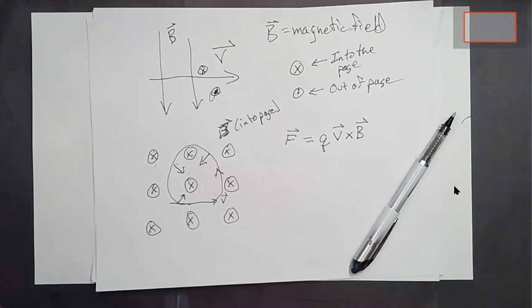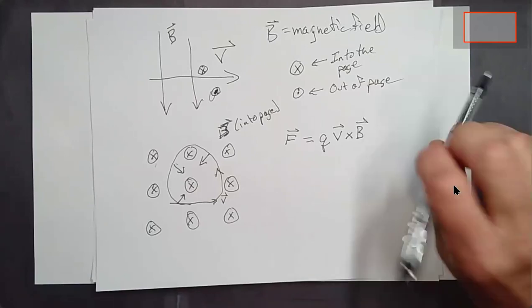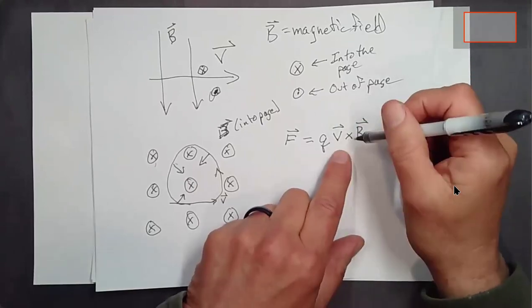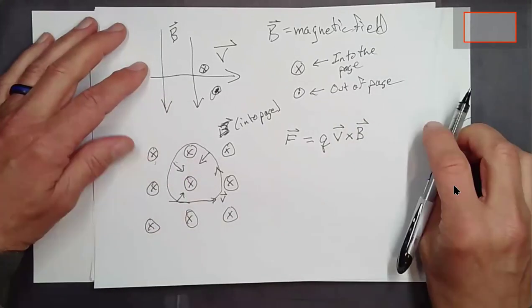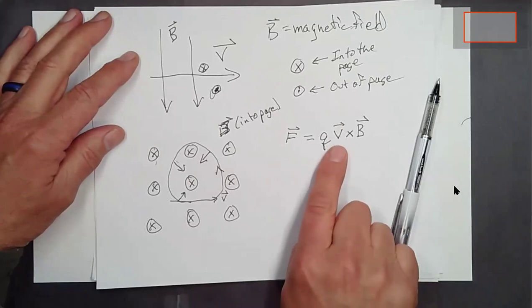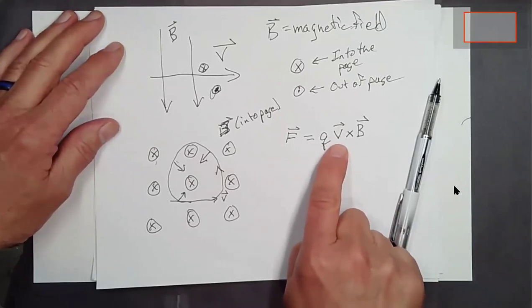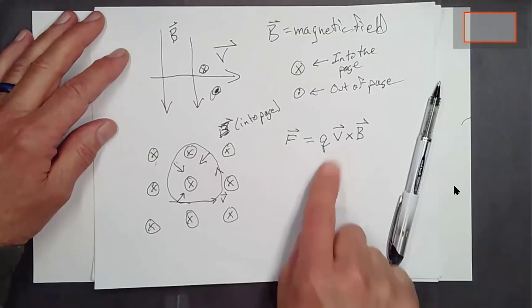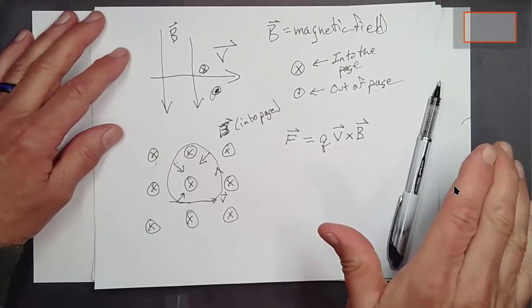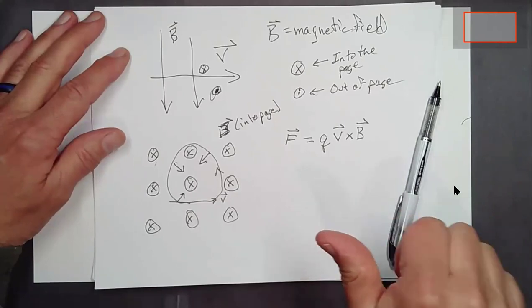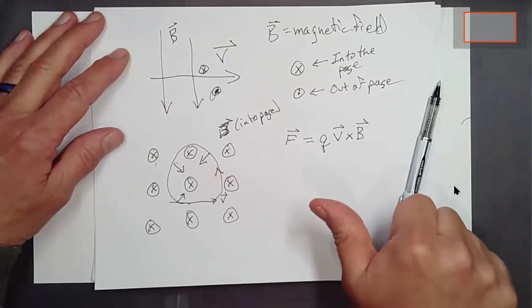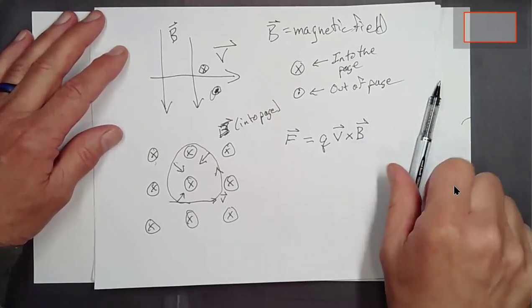which we're going to use several times in different ways in magnetism, but first for the cross product, if you point the fingers of your right hand in the direction of the first vector in a cross product, so that you can curl them in the direction of the second vector, your thumb will point in the direction of the cross product.